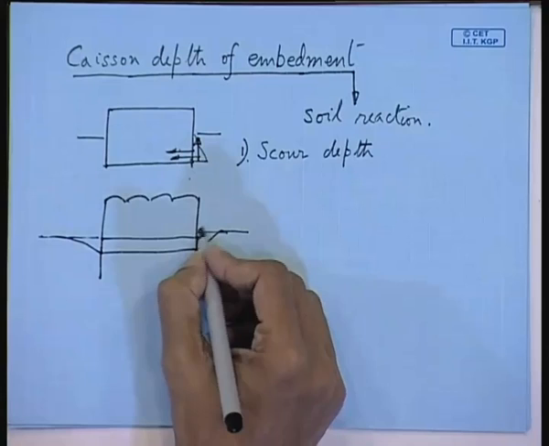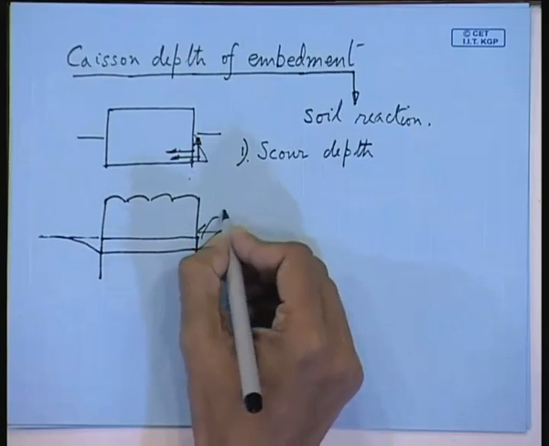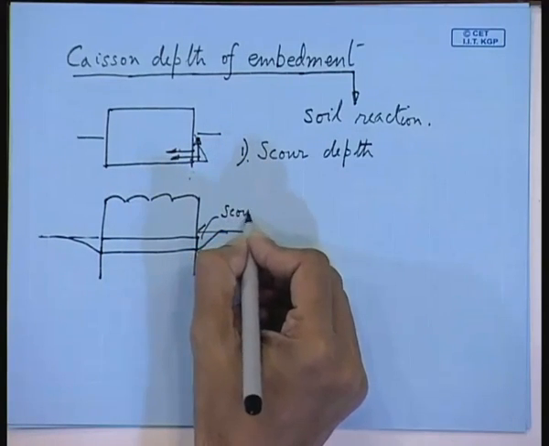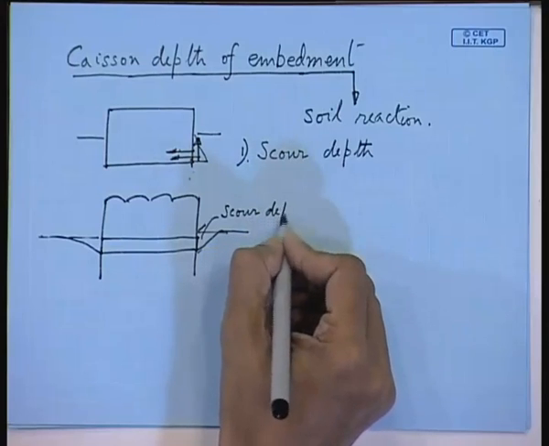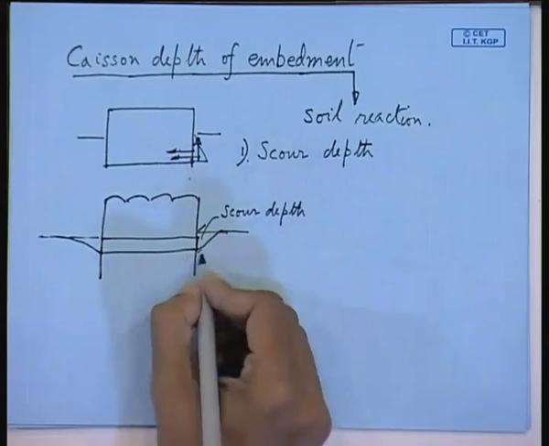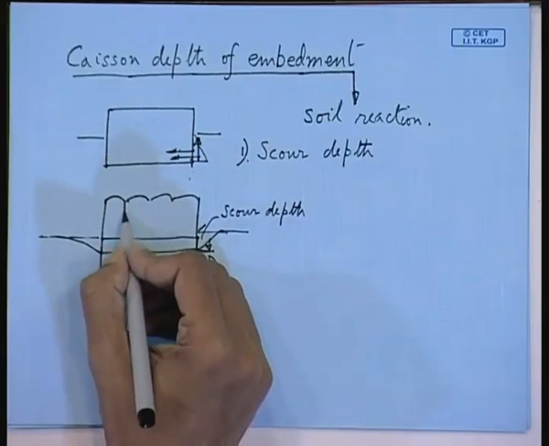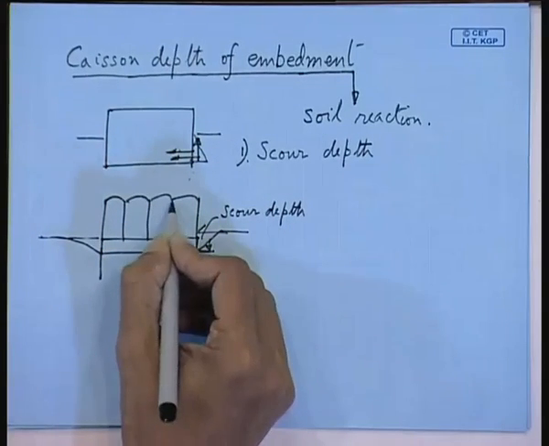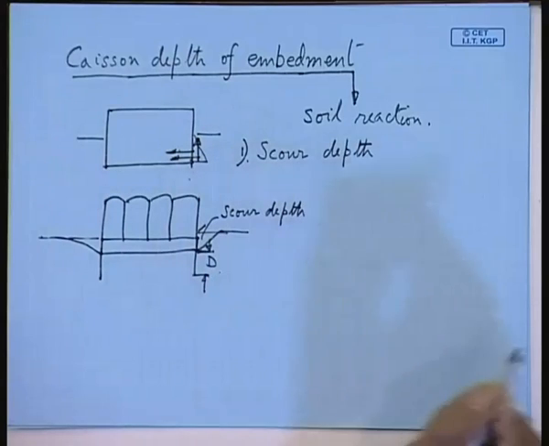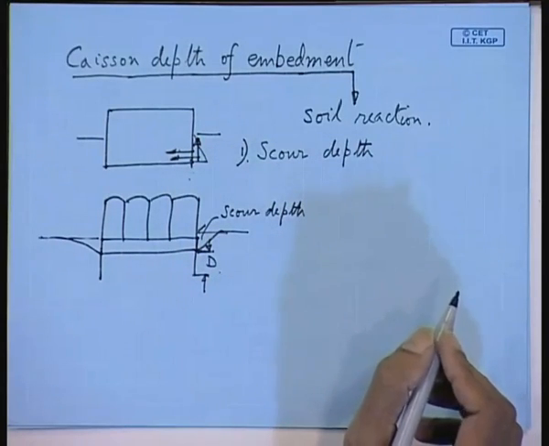This depth is called scour depth. So, depth of embedment is always below scour depth. You have to find from the local soil erosion how much your scouring is going to be. So, this is one particular thing to remember.